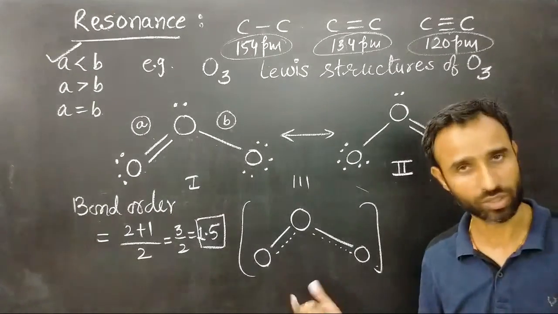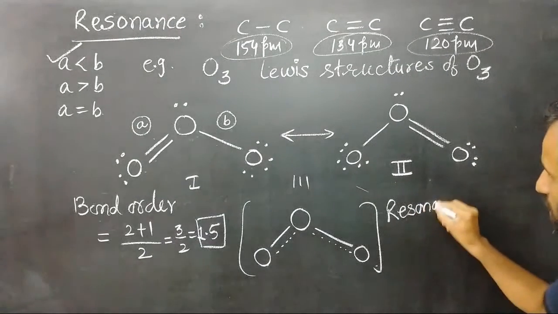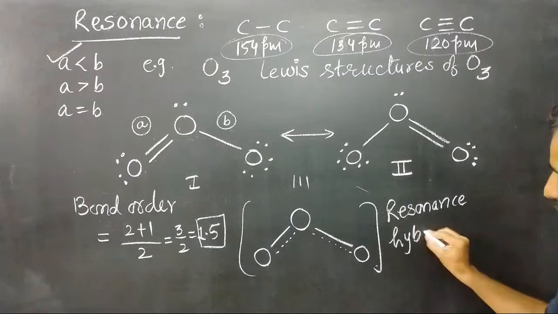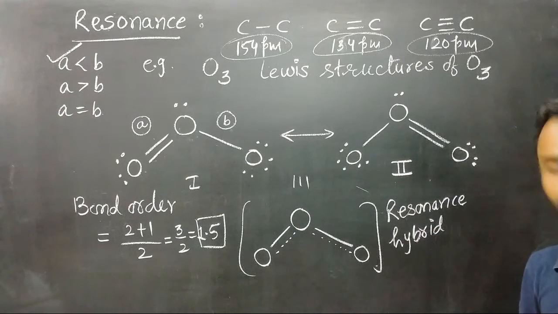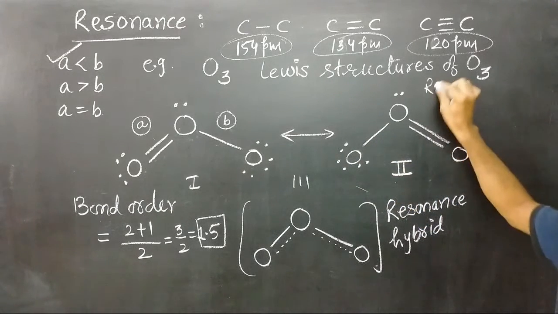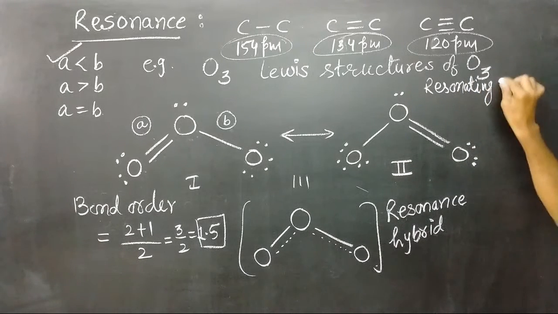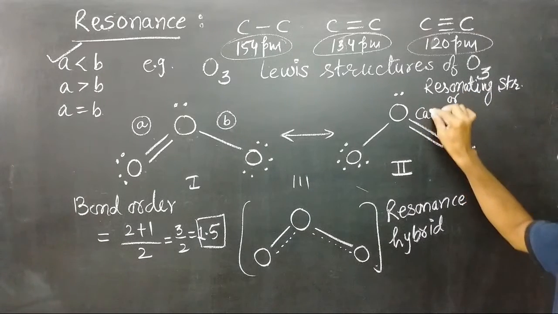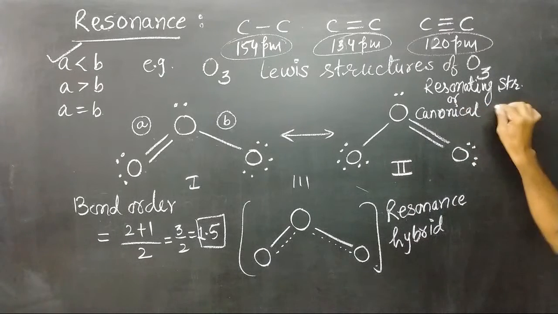This is not a Lewis structure, and that is called resonance hybrid. This is the actual structure. Okay? And these are called resonating structures or canonical structures.